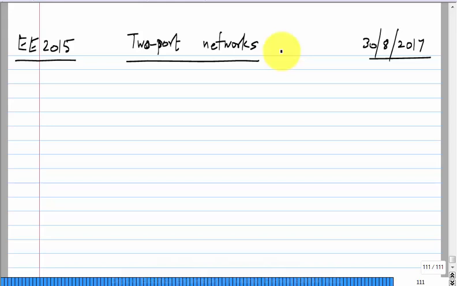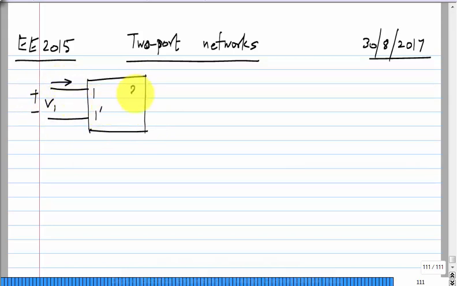Okay. In this case, there are four numbers which describe the relationships between voltages and currents. So we have two ports. This is a network N, and the voltages and currents are defined according to the passive sign convention.